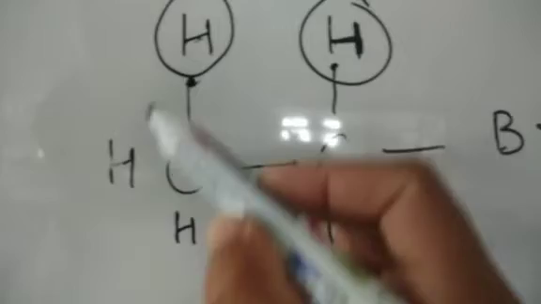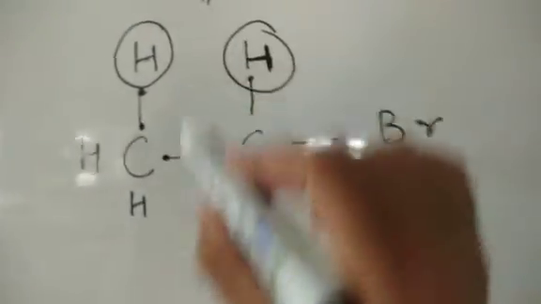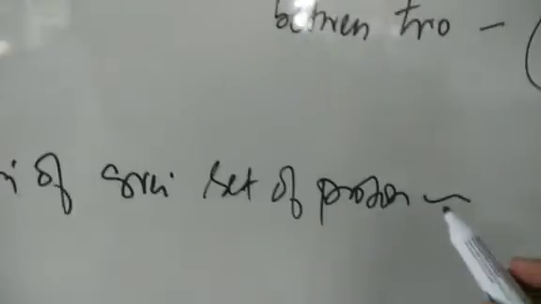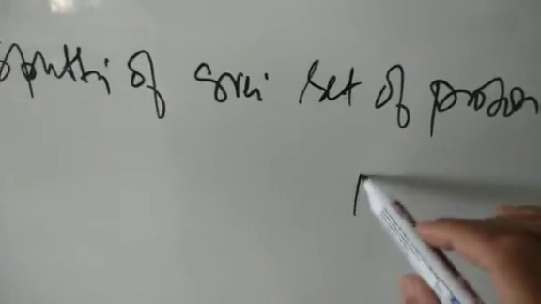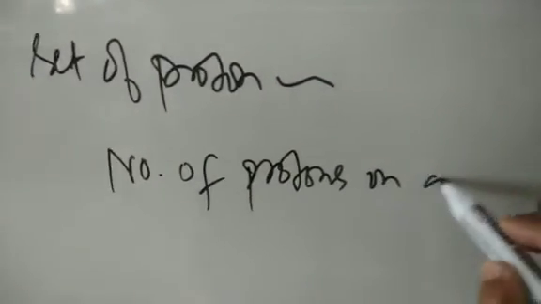So I can write that there's a rule that the splitting of a given set of protons actually depends on how many protons are on the adjacent carbon. So it depends on the number of protons on the adjacent carbon.